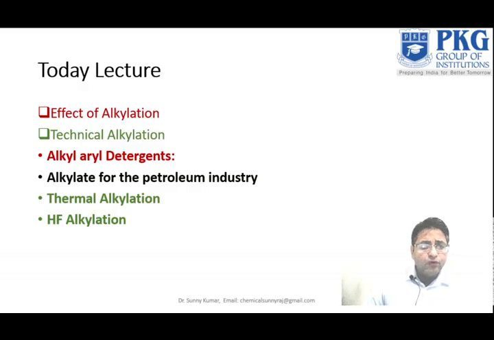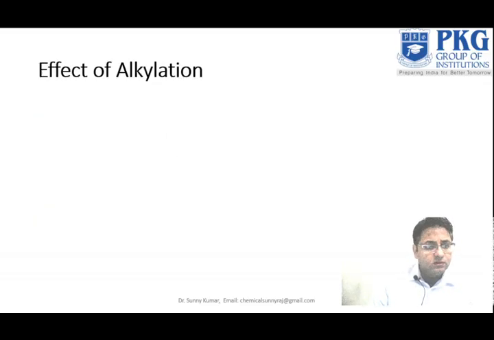So these are the four, but there remain some technical alkylations which we will discuss in the next class. Today we will discuss these topics. Okay, now we will start our topic. First we will discuss what the effect of alkylation is.